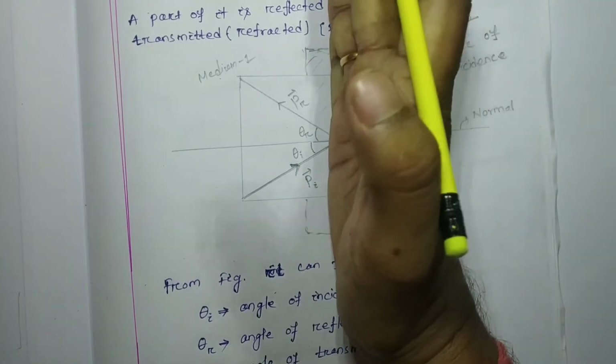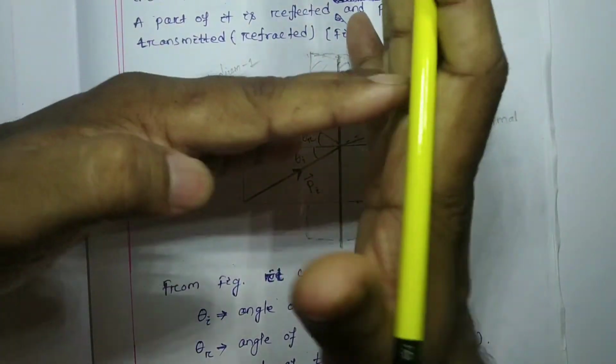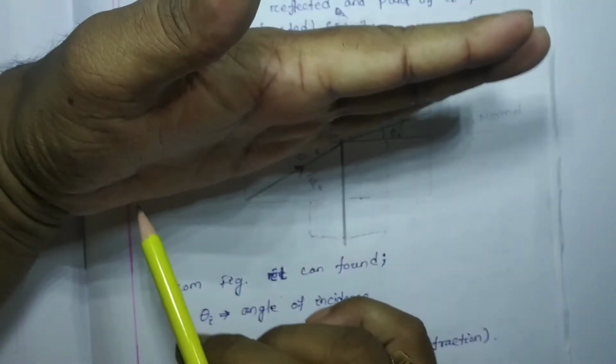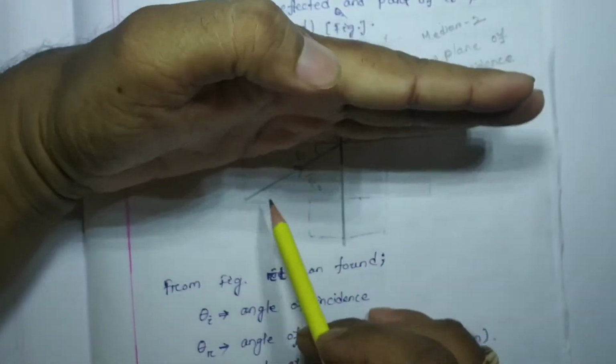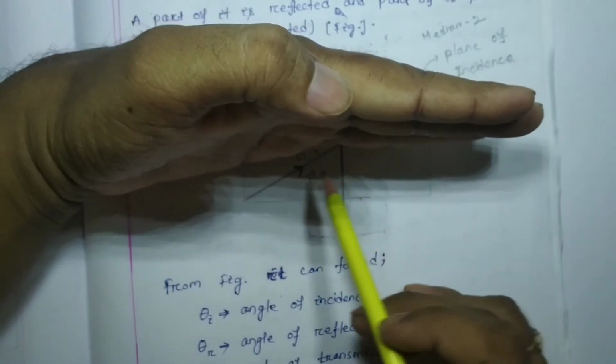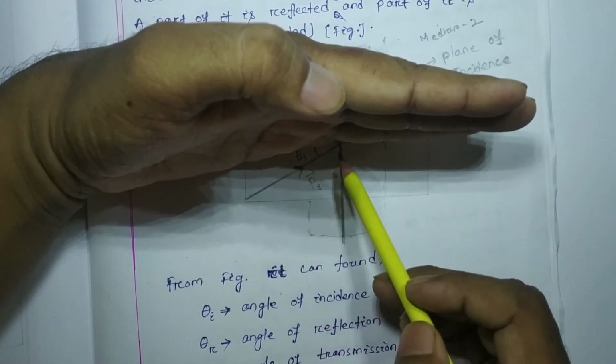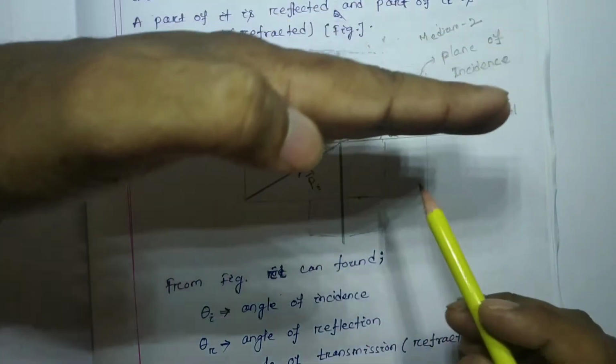This is your interface, this is your plane of incidence. So this way is the incident electromagnetic wave, and this way it has been reflected.